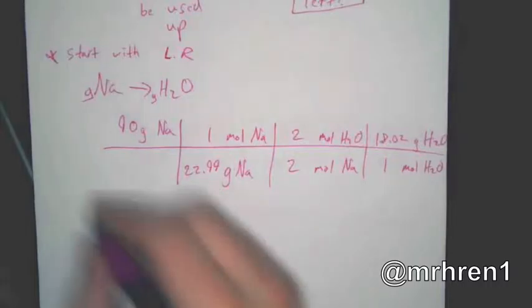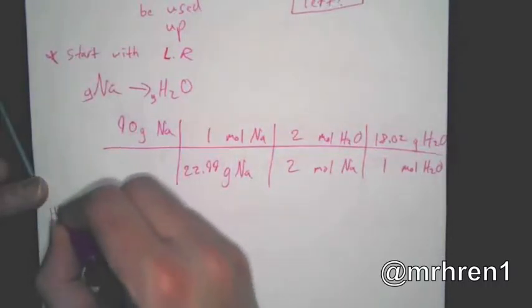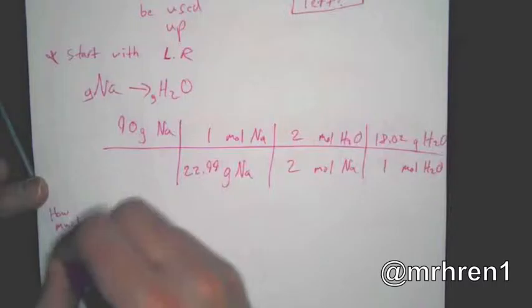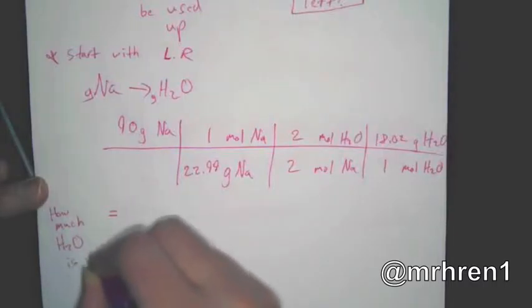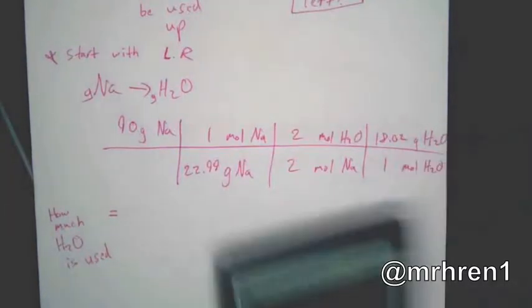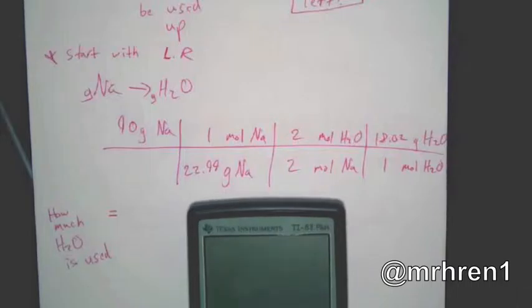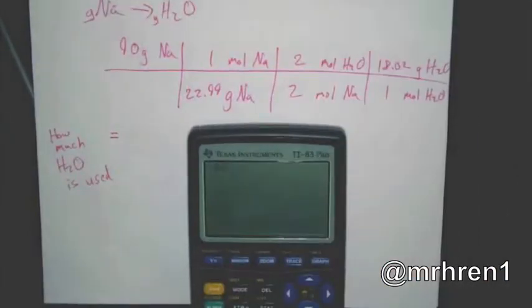So you do this. This is going to tell you how much H2O is used. Just so you know, what we're calculating at this very minute is how much is used, and then we'll figure out how much is left over.